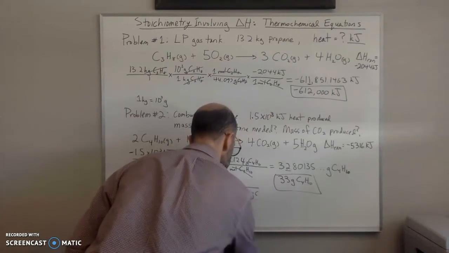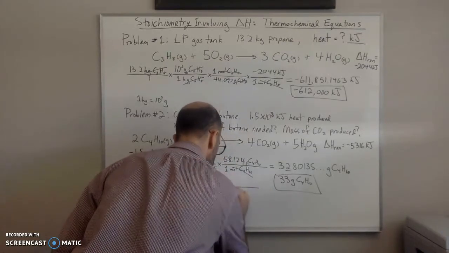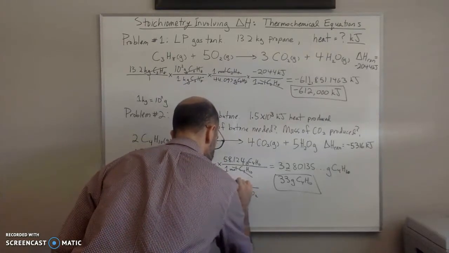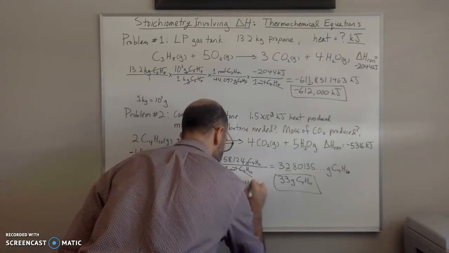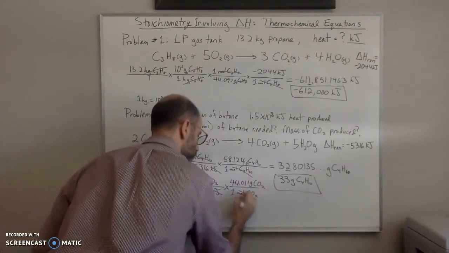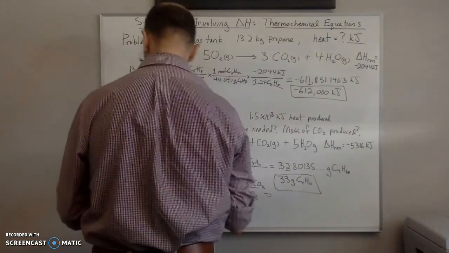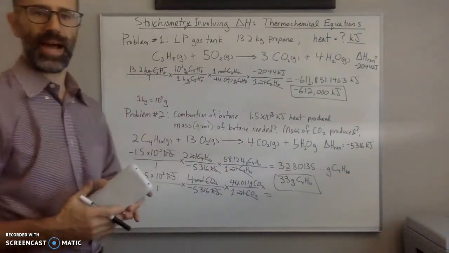Oops, that should be on the top. So 1 mole of CO2 is 44.011 grams of CO2. Moles cancels out. I'm left with grams.